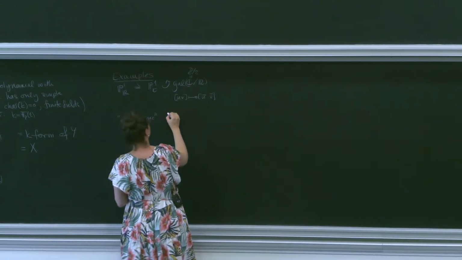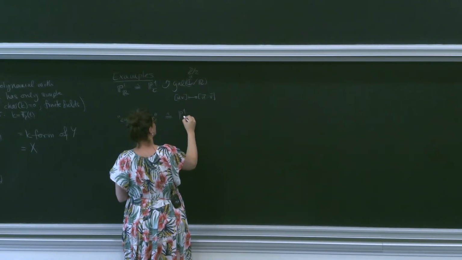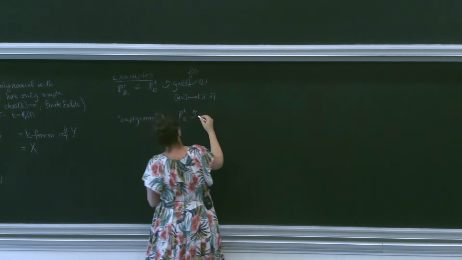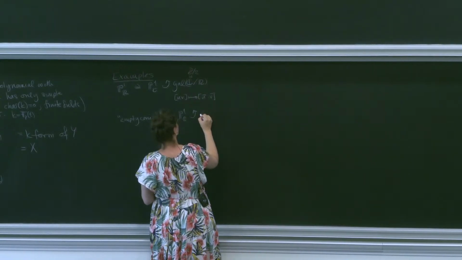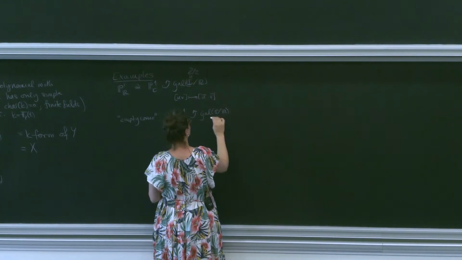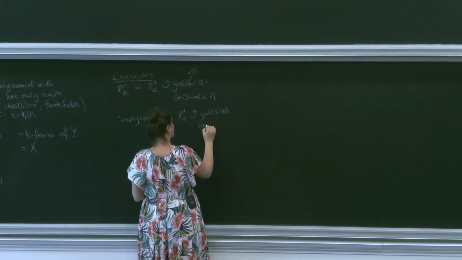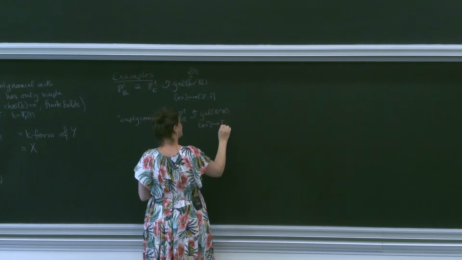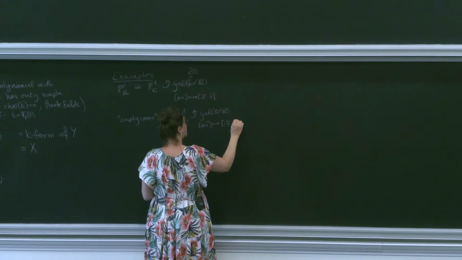So this is P1 over C plus, again, an action of the Galois group of C over R that sends (U, V) to (-V bar, U bar).